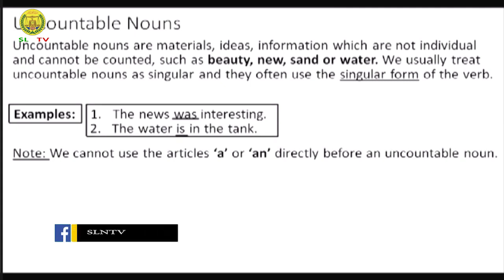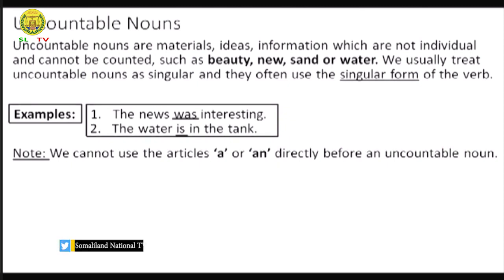So the note here: we can't use the articles. What are the articles? As you know, articles are a, an, and also the. We use a and an for countable, not uncountable. So this note here: we cannot use the articles a or an before uncountables. Eeda iyo antaba waxaan ka horreysiinaynaa wixii countable ah ee la tirin karo.